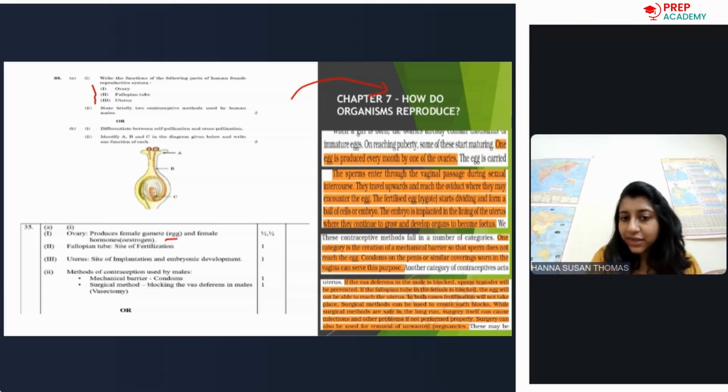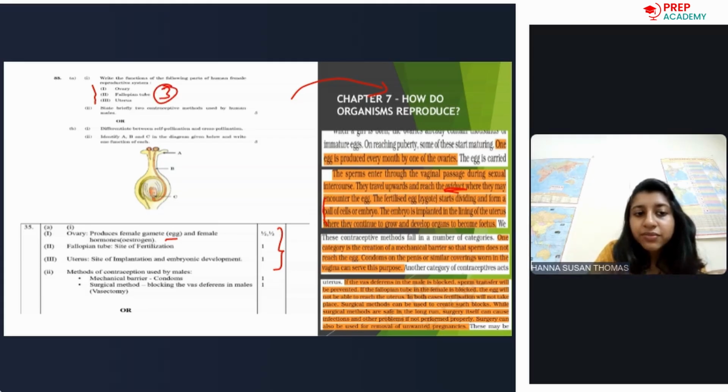Oviduct is nothing but the fallopian tube only, right? Then comes the uterus. The uterus is the site where the zygote gets implanted and further embryonic development takes place. So if you are writing all these functions properly, you will be awarded 3 marks for the first set of the A part question.